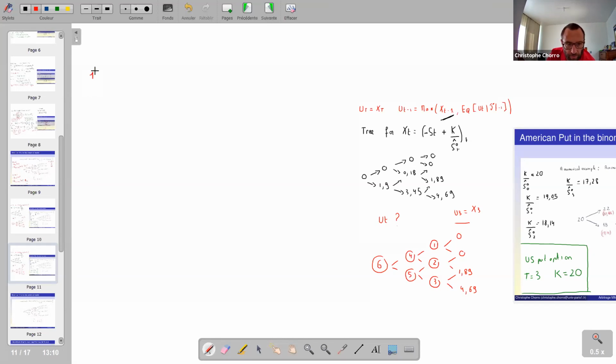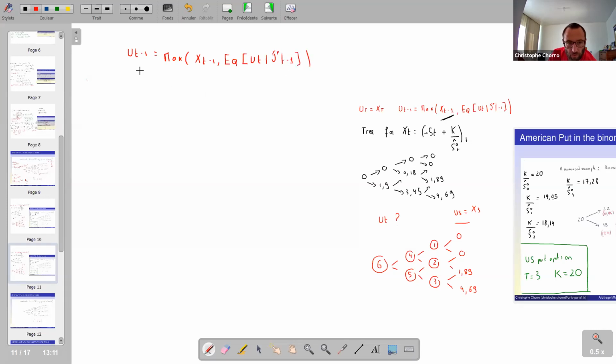What is 1? Keep in mind that U t minus 1 is equal to the max between x t minus 1 and the expectation under Q of U t given F t minus 1.